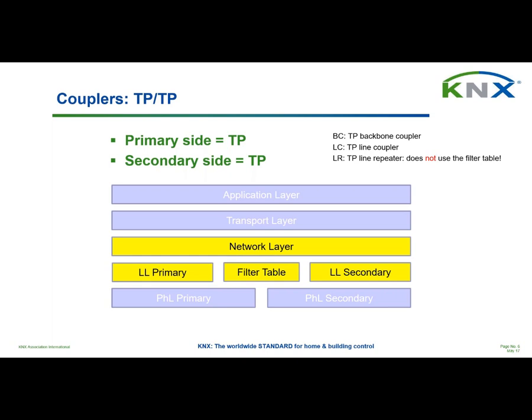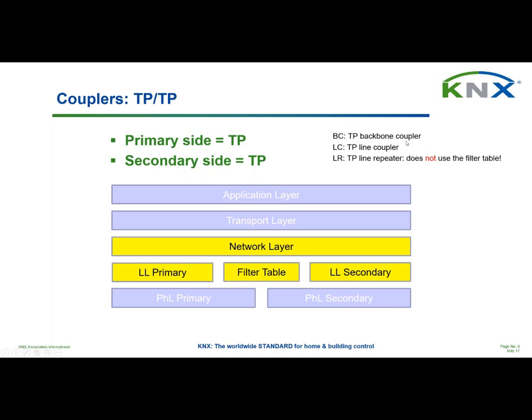I will not explain these layers, but if you want to know, you should also subscribe to another webinar which explains the communication stack of the KNX communication protocol. But for now, I just use it as illustration, so we can see on link layer level three separate elements, so to say. That is a link layer specifically for the primary side, one for the secondary side, and in between there's the filter table.